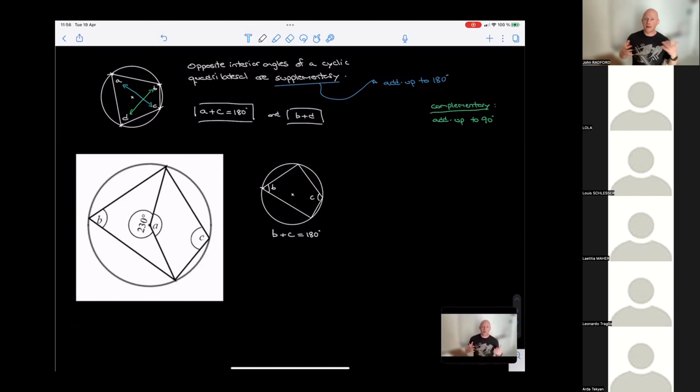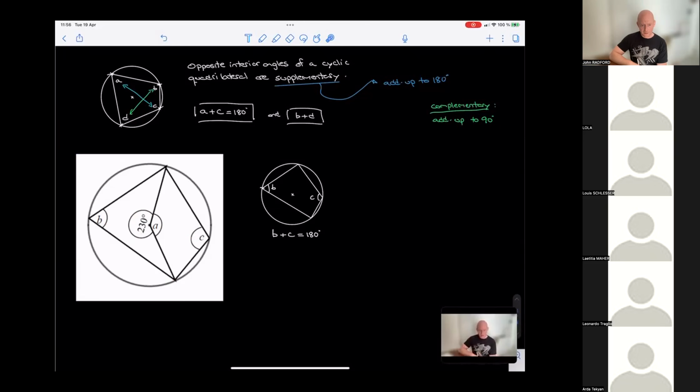But, stating the obvious here, I don't know what B is, nor do I know what C is. So I can't figure that out immediately. The way out of this is therefore to focus on the angle at the center. There are two ways of drawing it, two approaches. In this case, you need to figure out which of the two angles, B or C, you can work out easily.